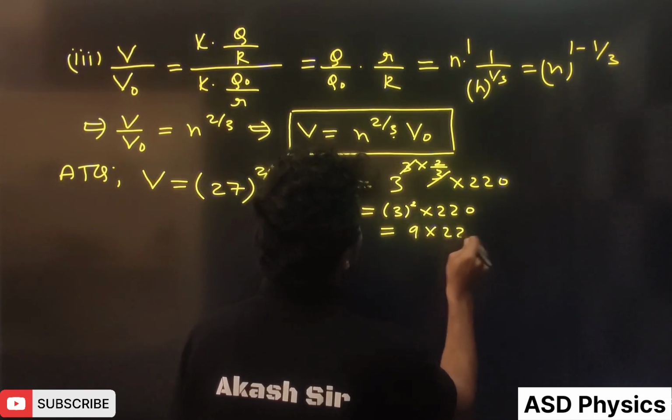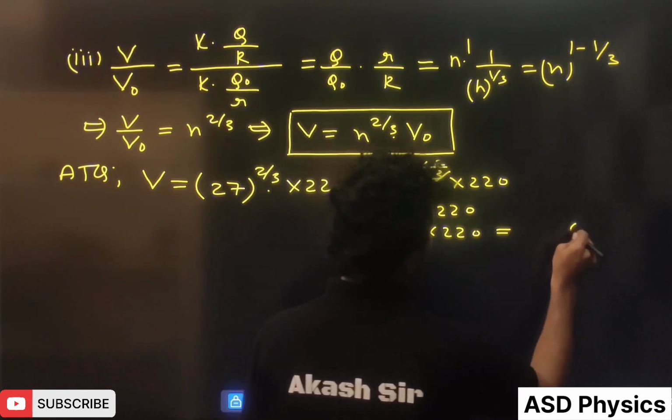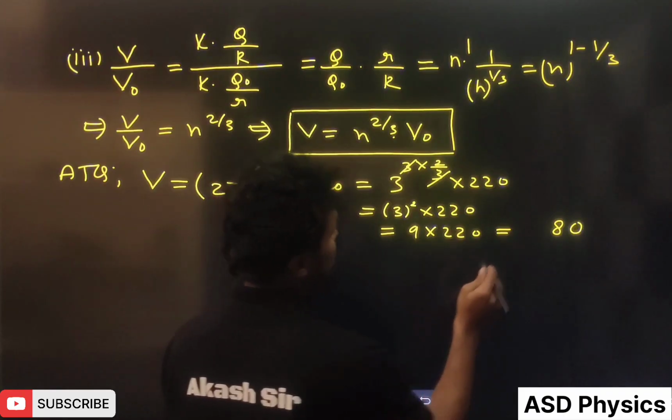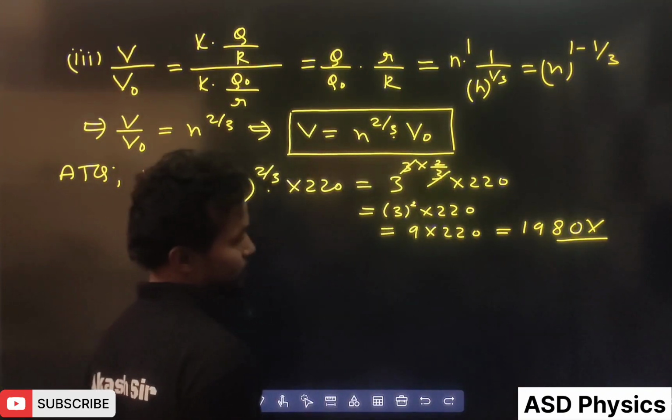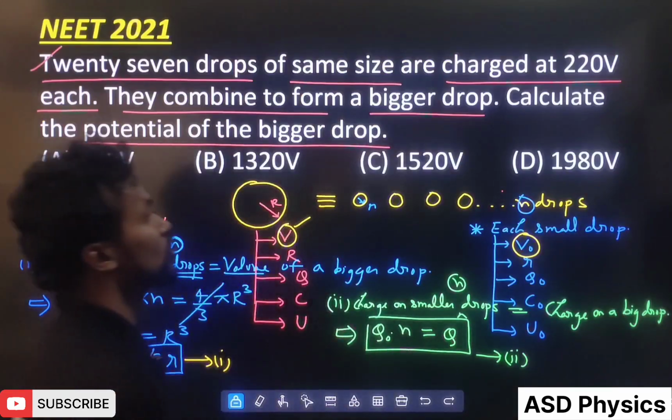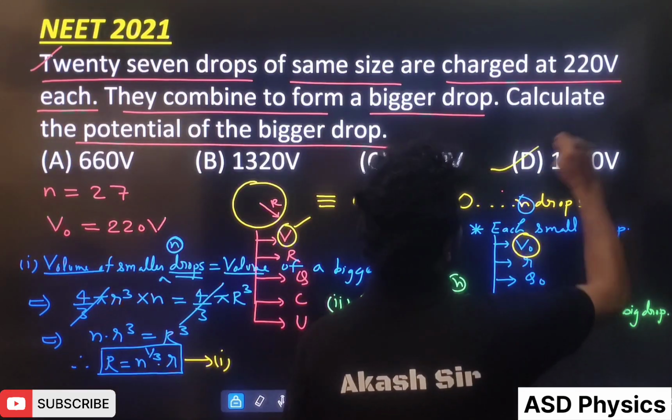That means 9 into 220, which is 1980 volt. So the correct answer is option D.